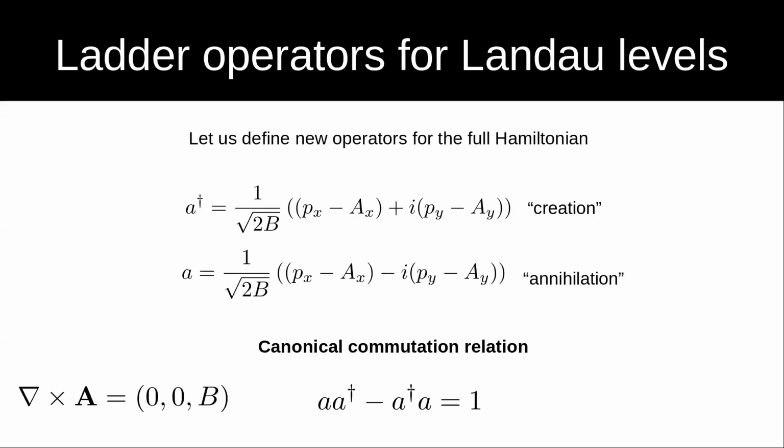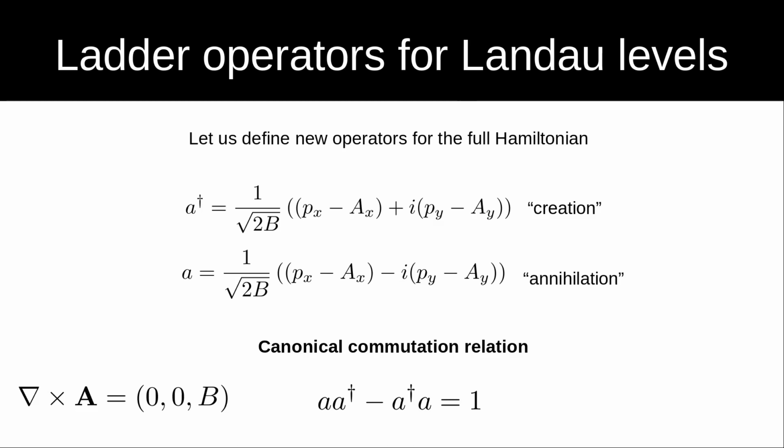The idea is the following. So now that we know that something like a harmonic oscillator appears in the spectra of the quantum Hall state, we can try to define ladder operators in the very same way as we do it for the harmonic oscillator. So in a general gauge, we can define a creation operator, a dagger, that is just a combination of momentum and magnetic vector potential, and an annihilation operator.